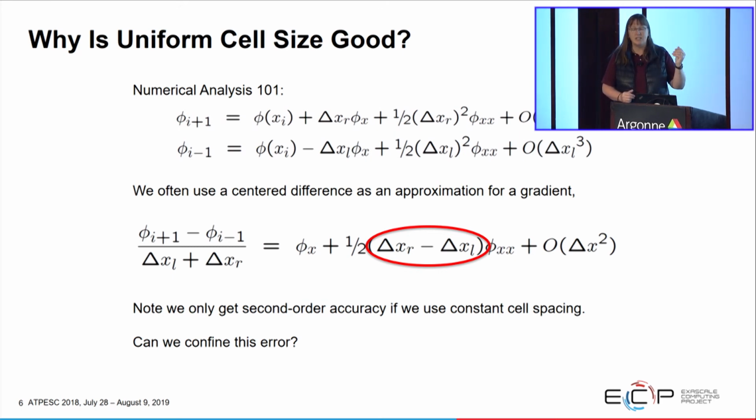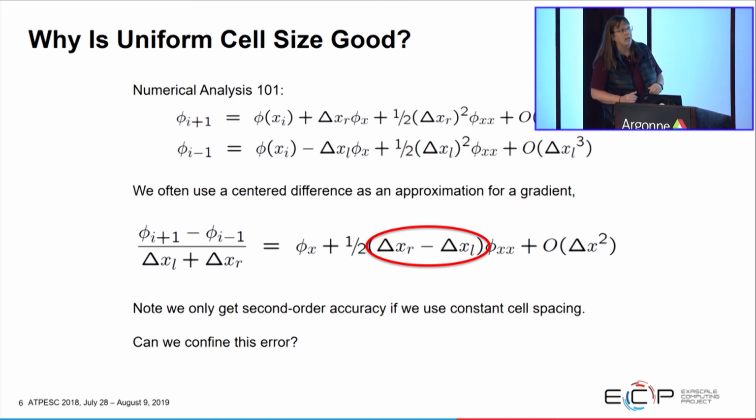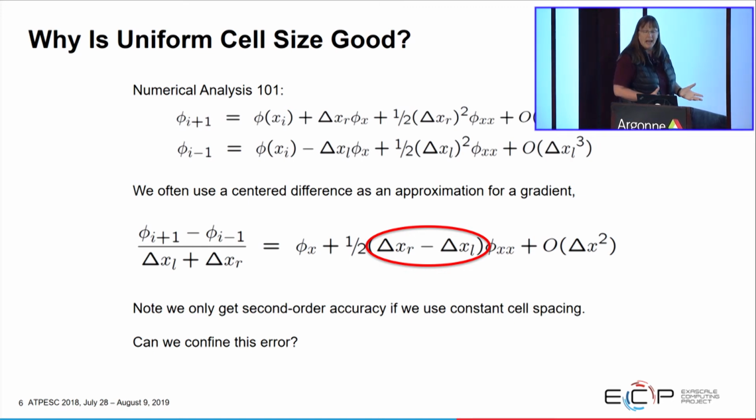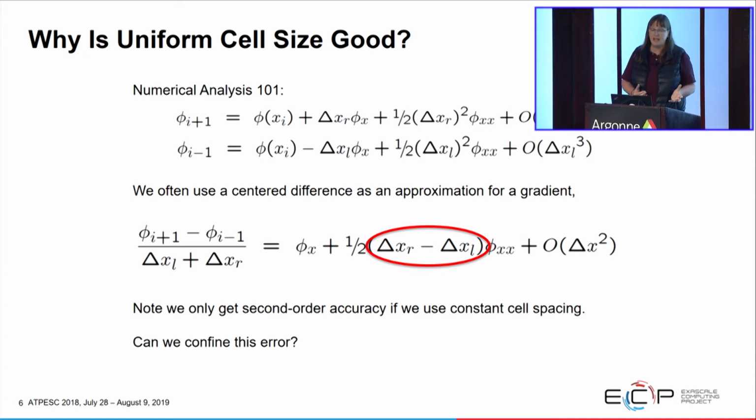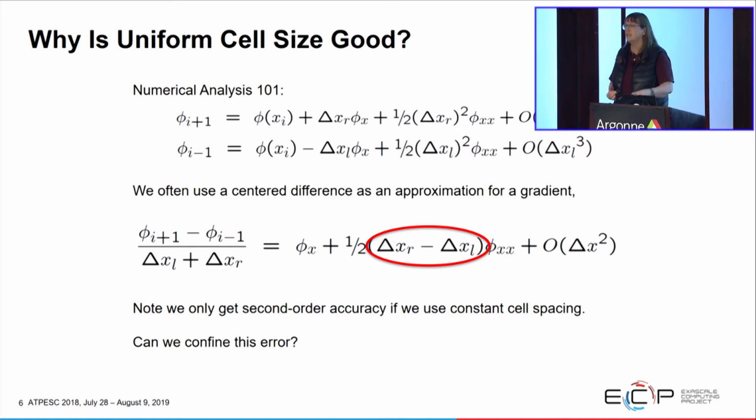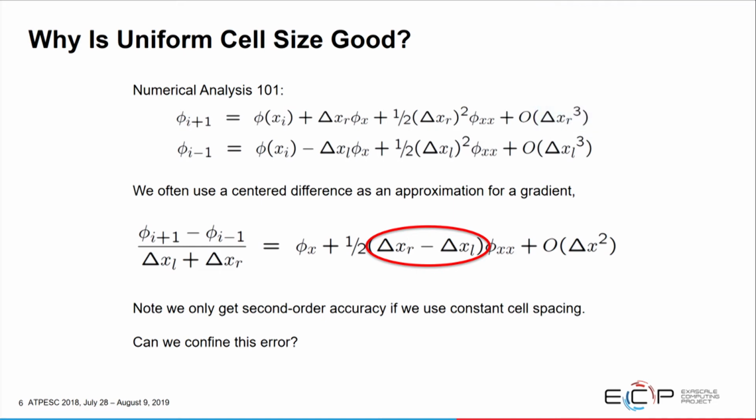So you write a Taylor series for phi at I plus 1, a Taylor series for phi at I minus 1, you difference those, and you see this phi xx term that has a, I'm sorry, this is not a second derivative. This is a centered first derivative. I apologize. But you see a term that has the difference in the mesh spacing. So this is just a first derivative. It's a centered derivative, but not a second order derivative.